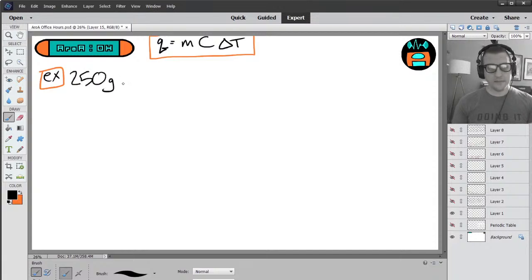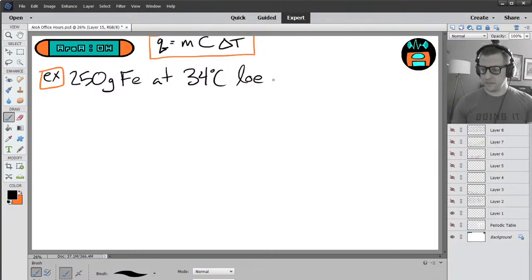250 grams of iron at 34 degrees Celsius loses 1.20 kilojoules of energy.